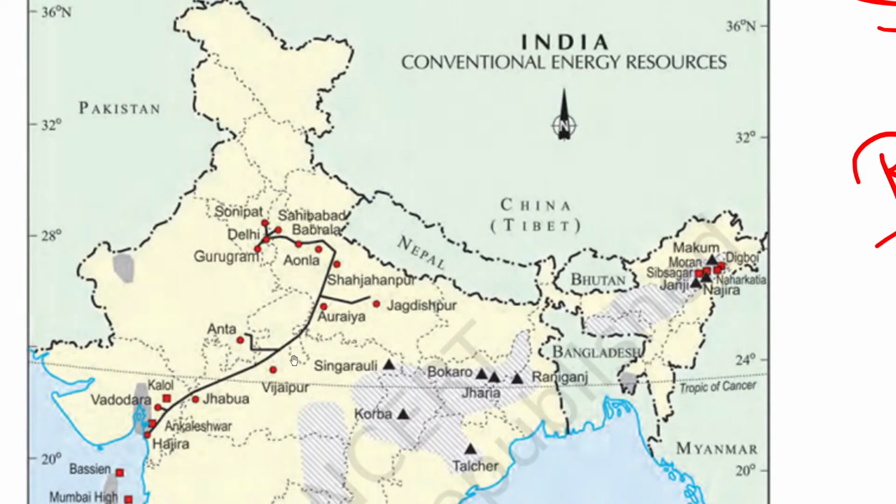So Mumbai High, Gujarat, and Assam. These are the three major offshore fields, or we can say these are the major petroleum production areas in India.